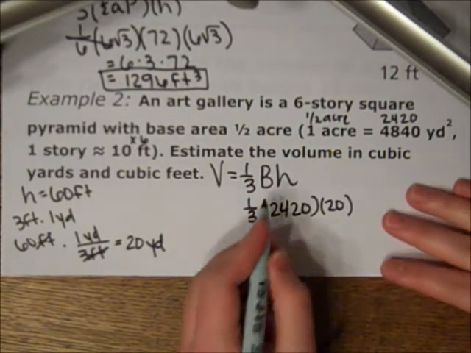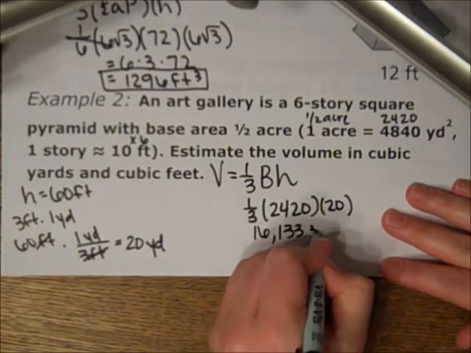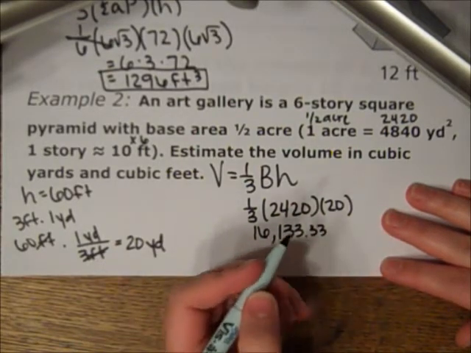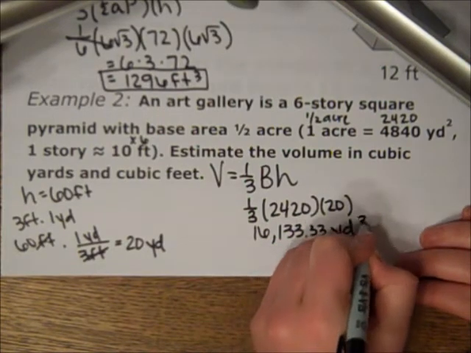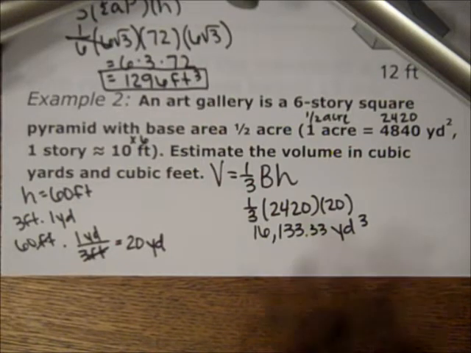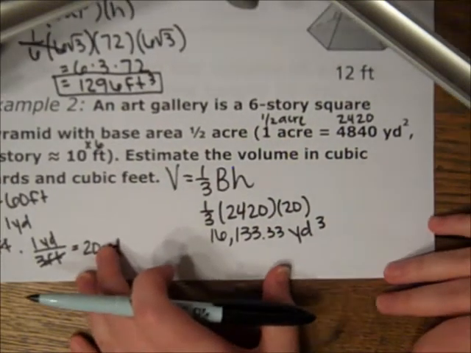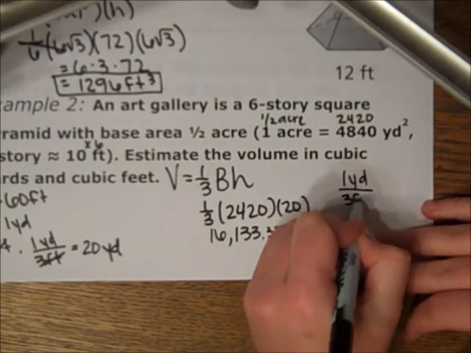Okay, so that is 16,133.33, or I could change that to a fraction, but this is a word problem, yards cubed. Then it wants me to estimate the volume in cubic feet as well. So now here's where you have to be careful. We know our scale factor is 1 yard for every 3 feet.